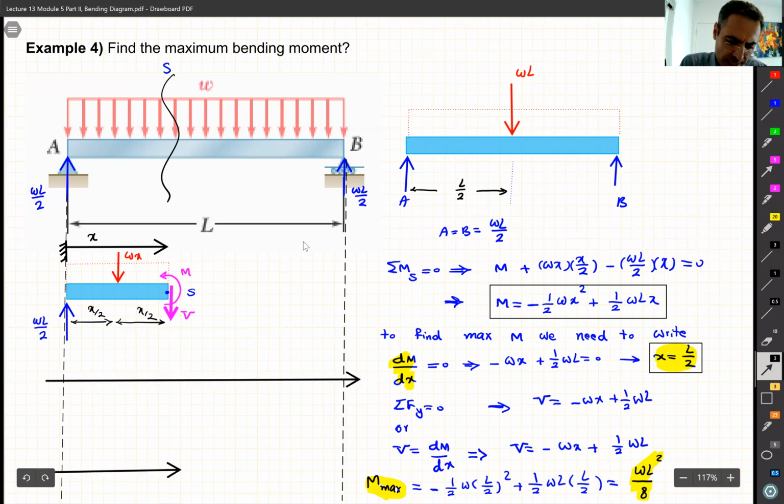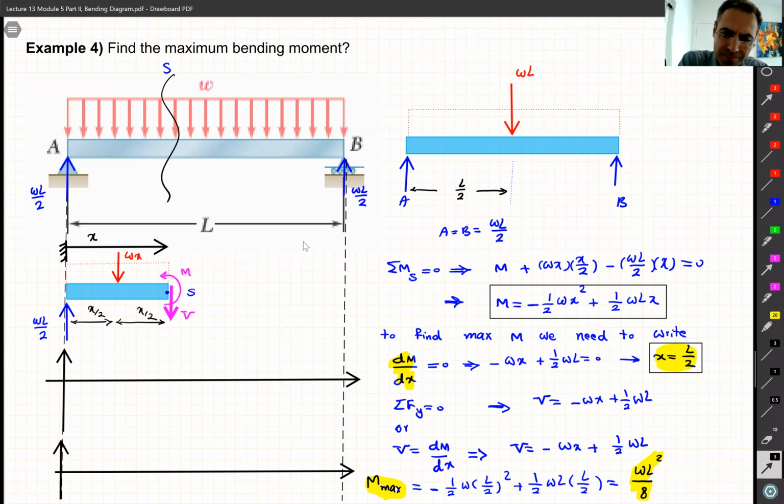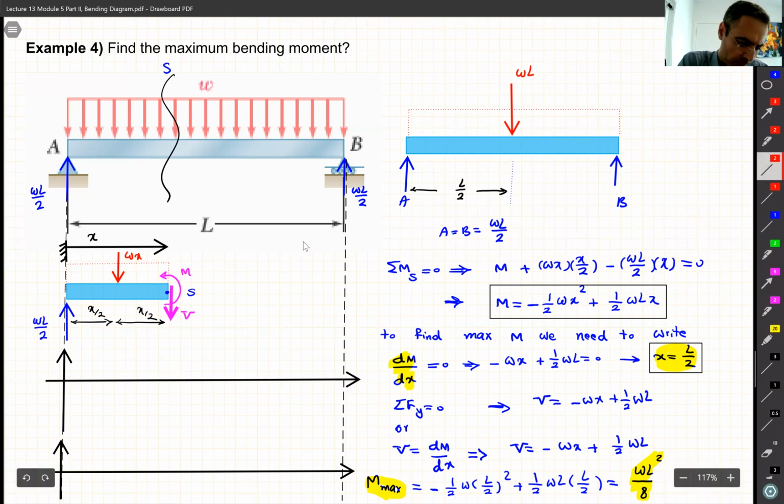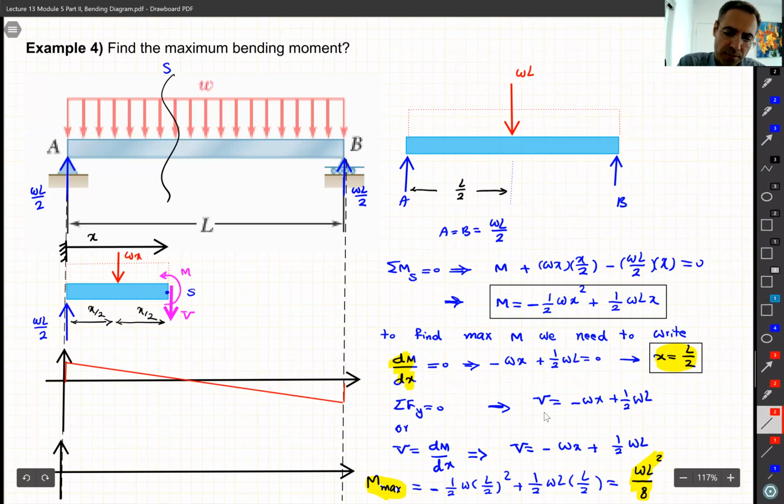So also later, please try to draw this V and M. Since now you have the equations, the V is going to be like a line, something like that, right? You just draw this V equation that we found.